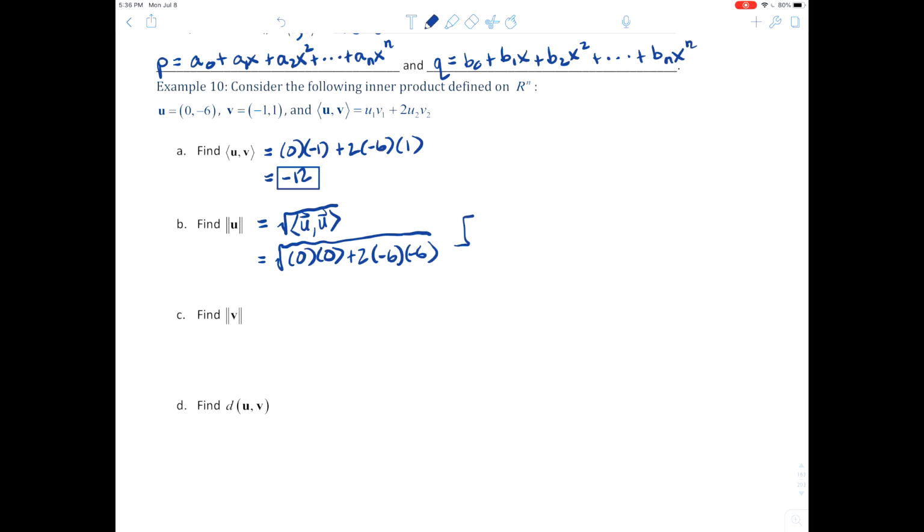And that in turn gives us a result of what? 6 root 2? Cool, cool? Okay. And of course, these are in units, right? That would be in units because it's a length.